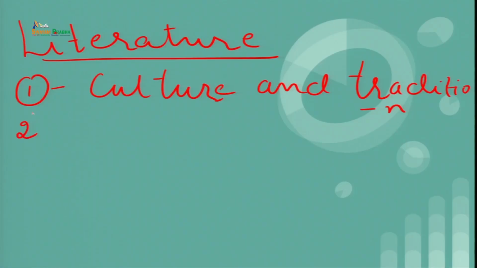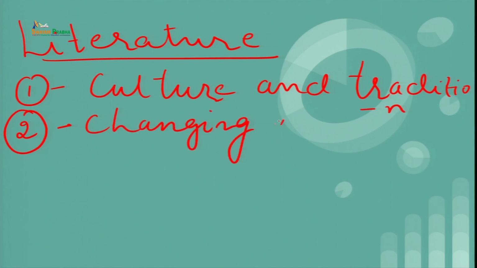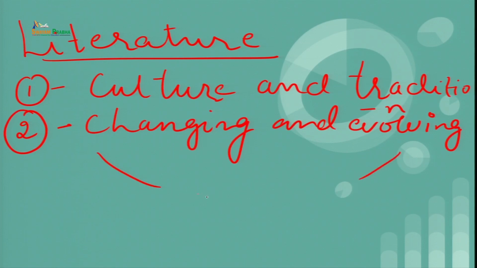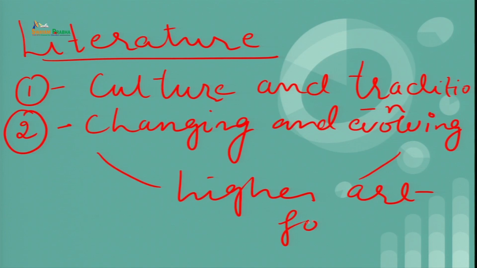So, moving on to the next point, in order to understand literature, we should understand that the definition of literature keeps on changing and evolving. Now, it is basically a higher art form, and high art form refers to the fact that just simply writing a piece on paper is not literature.